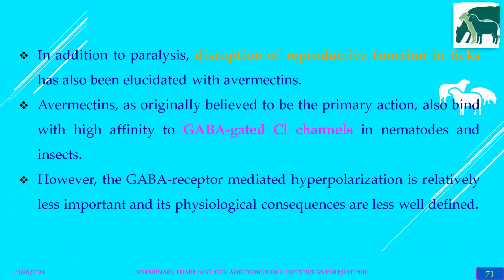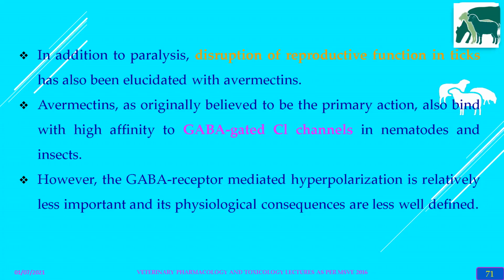Apart from this, another mechanism, disruption of reproductive functions in ticks, has also been elucidated with ivermectins. Ivermectins' primary action was originally believed to be on glutamate-gated chloride ion channels, and they also have very high affinity to the GABA-gated chloride ion channels, especially in nematodes and insects.